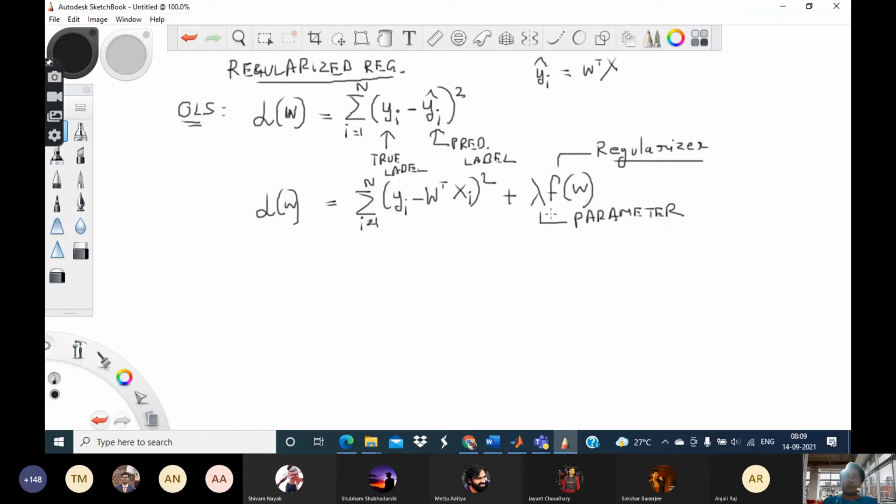By tuning the parameter, we can increase or decrease the relative importance of the regularizer with respect to the OLS. This we call the empirical loss, and this we call the structural loss.